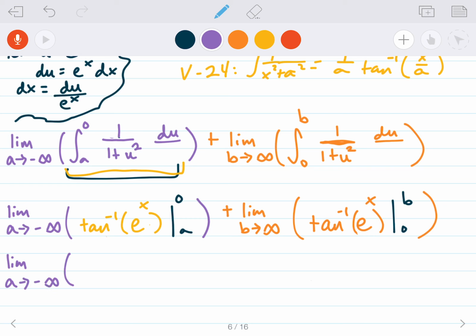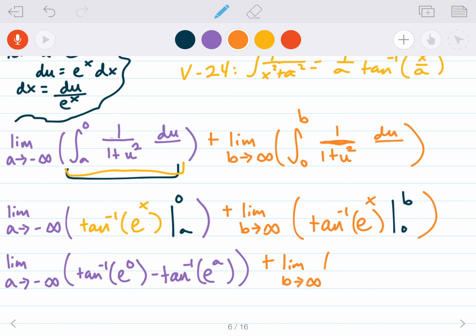And on the inside, when I evaluate this thing, I get tan inverse e to the 0 minus tan inverse e to the a. Same kind of story over here. Tan inverse, this time e to the b, minus tan inverse of e to the 0. All right, so that's what I have so far.